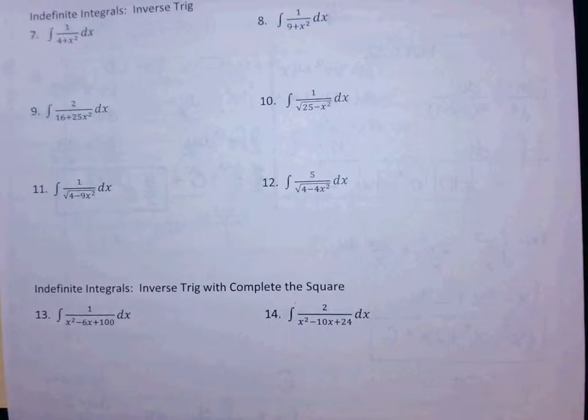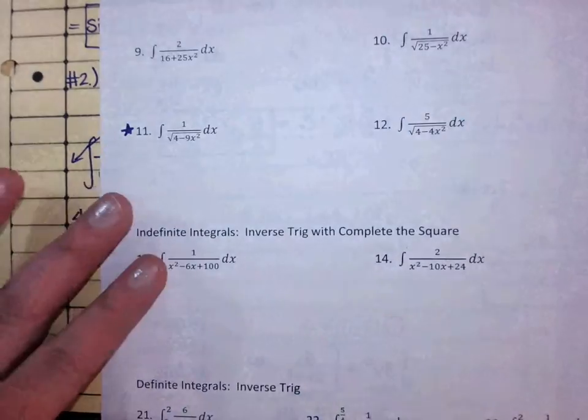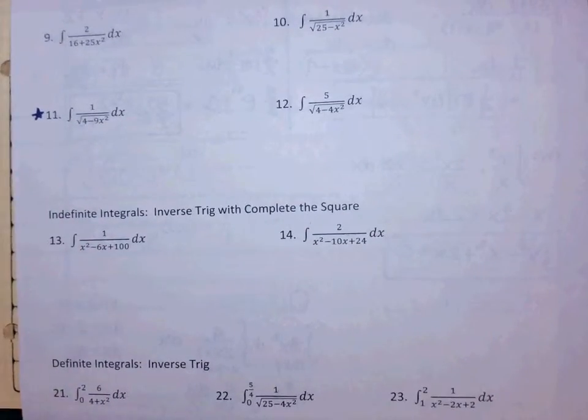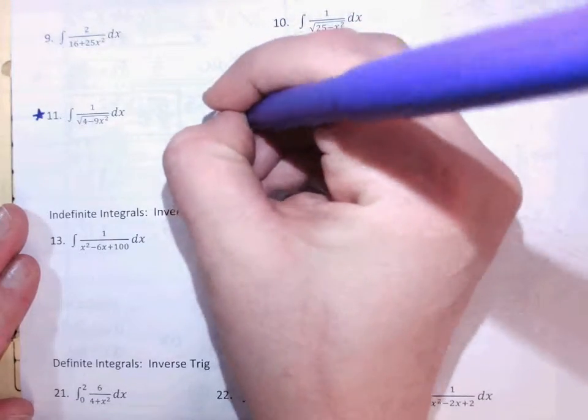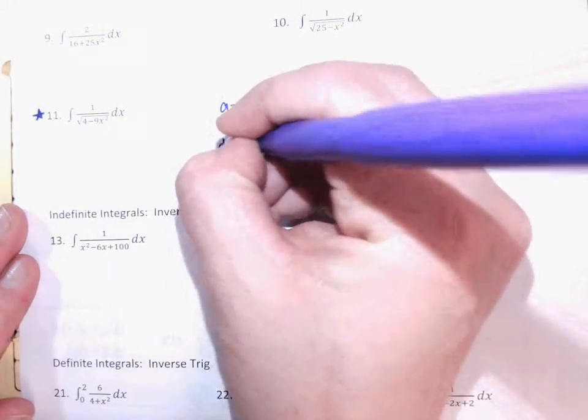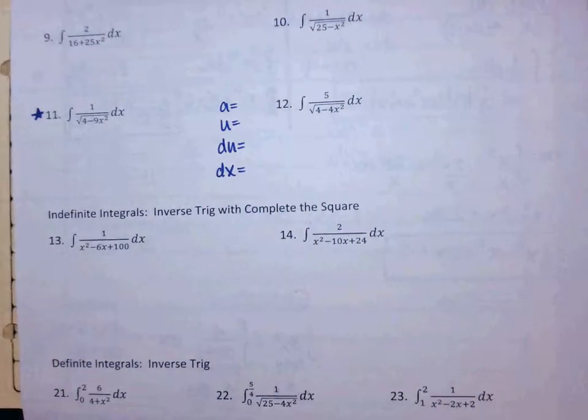Actually, let's do one harder than 10, because 10 is probably the easiest one. Let's do, how about 11? Okay. So I want you to find your A, your U, your du, and then your dx. Okay? And remember to think about that little formula.